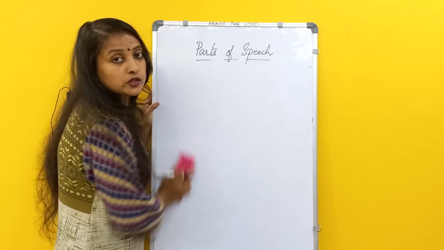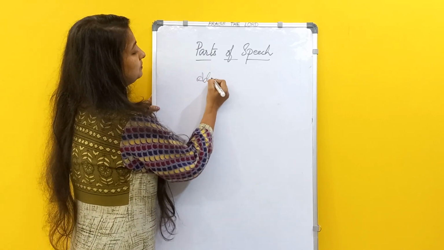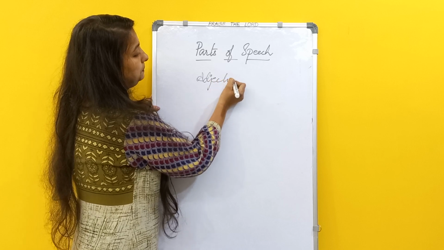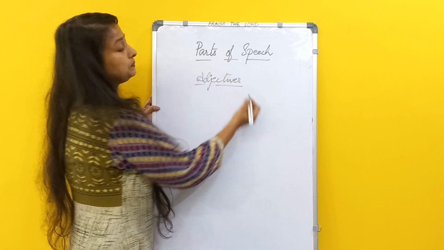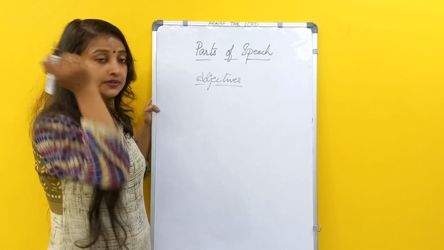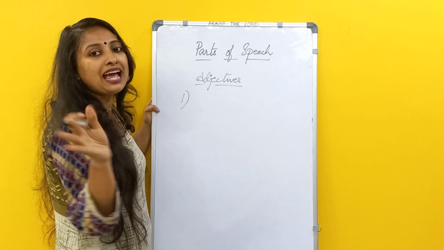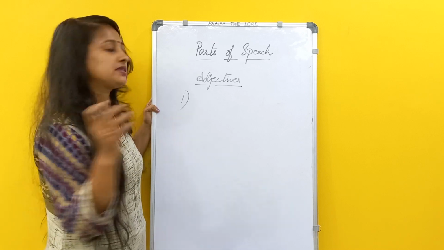What is the next part of speech? Adjectives. Right? So what are the different types of adjectives? Again, adjectives like pronouns, we will be having some similar kind of names.